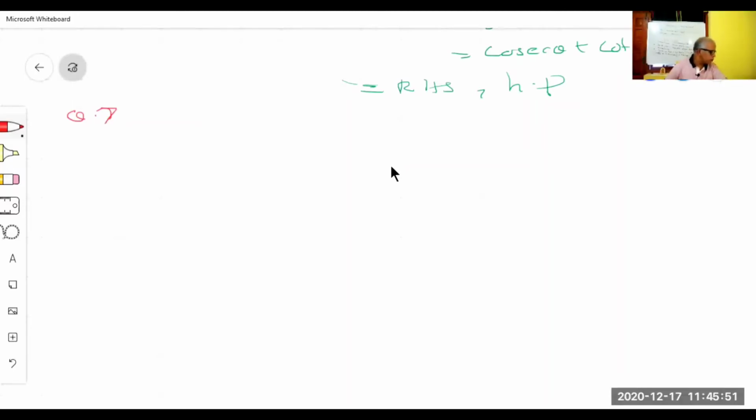Okay, so again prove that cos A by 1 minus tan A plus sin A by 1 minus cot A is equal to sin A plus cos A. We have to prove this.